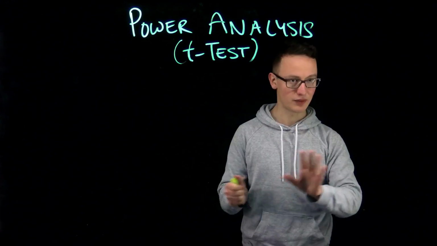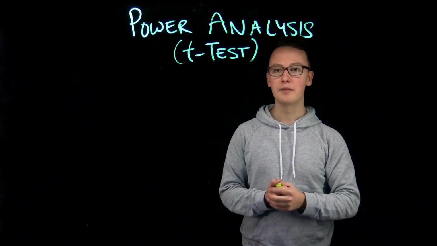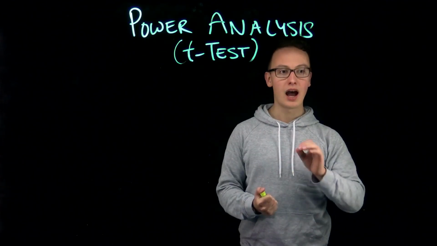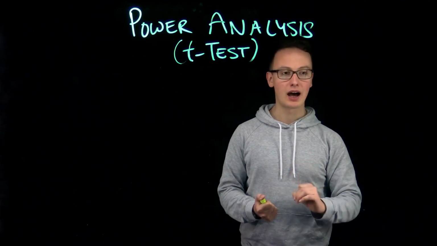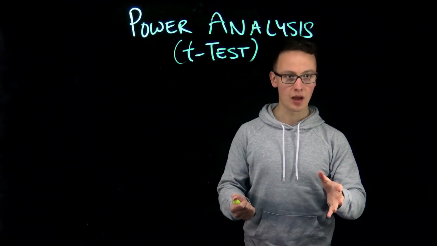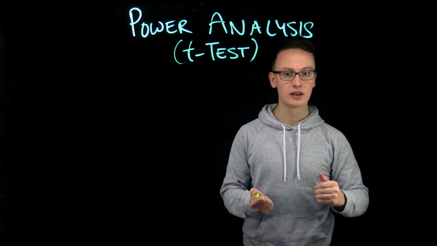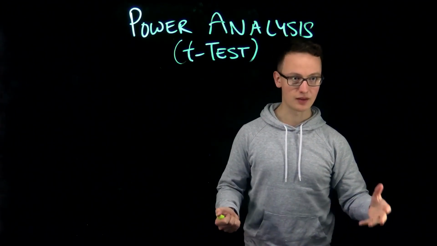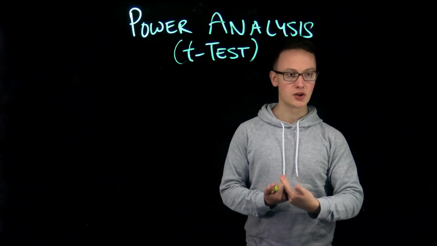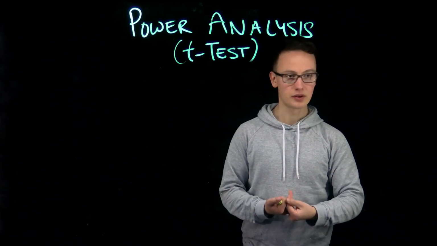If that's true, like if the null hypothesis is actually false in the real world, under this assumption, how likely am I to detect this real difference applying my statistical test, in this case the t-test, given a certain sample size that I have available, given a certain effect size, and so on, okay?